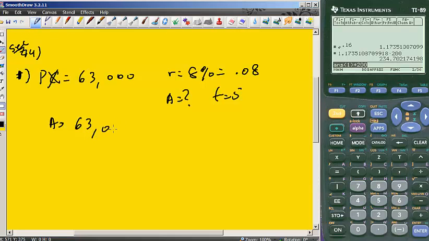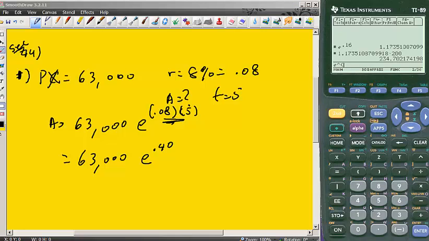So $63,000 times E to the 0.08 times 5. That's my time. So when you simplify this, this would be $63,000 times E to the power of 0.4. So go to E and raise that to the 0.4.